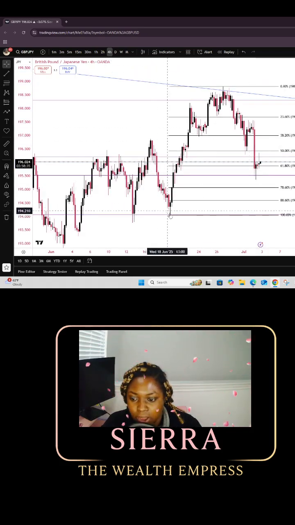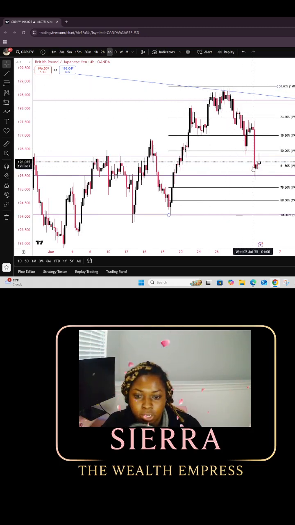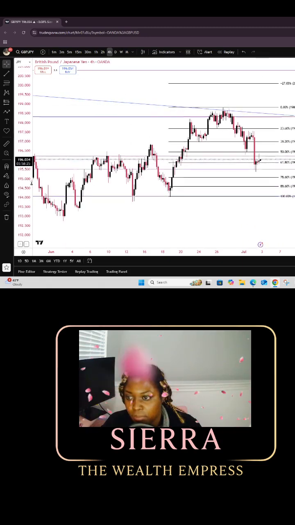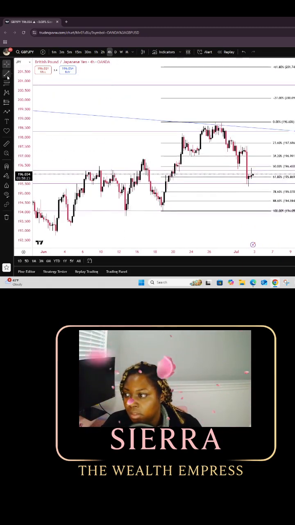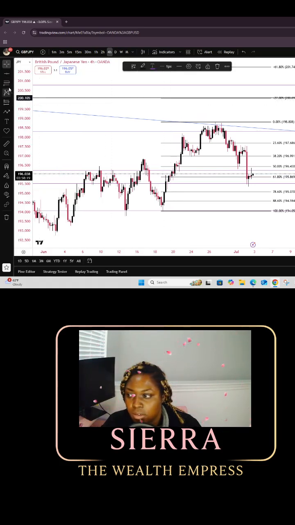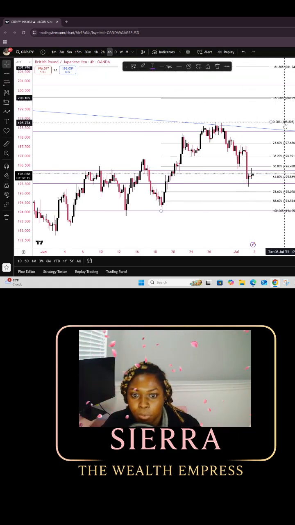This was my low that started the impulse move, and this is my high that started the correction. Price came back to our zone and the 618. TP1 is the 27, and TP2 is negative 61.8.